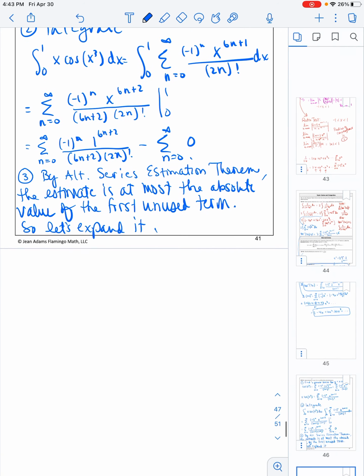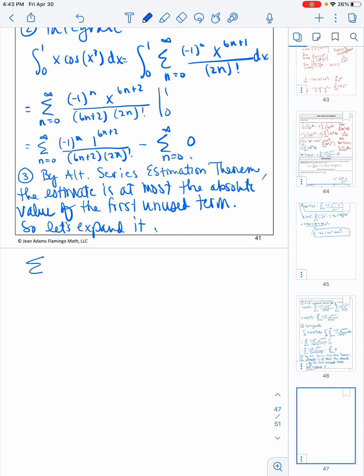So let's expand it. Okay, I'm going to add a page again. We've got our summation from n equals 0 to infinity, negative 1 to the n over 6n plus 2 times 2n factorial.